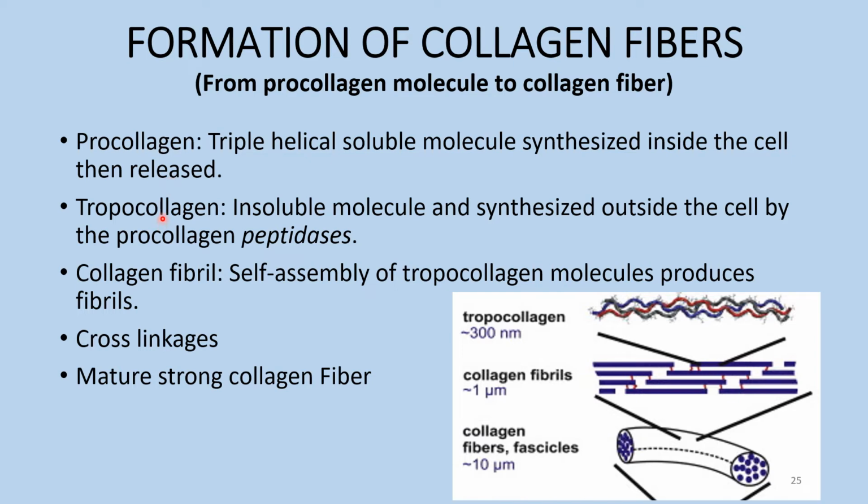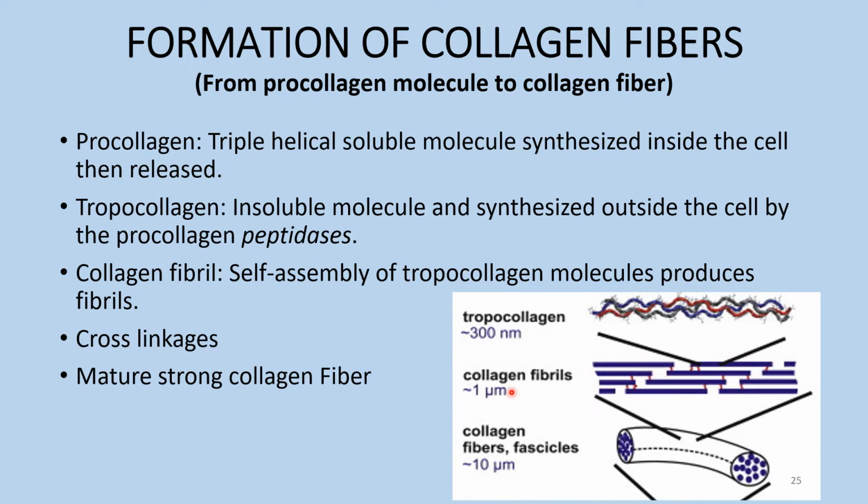The soluble side chains are broken down by the procollagen peptidases, and a basic unit of collagen fiber, tropocollagen, is formed. This tropocollagen molecule is around 300 nanometers in length. They make the collagen fibrils by virtue of bondings and covalent linkages.